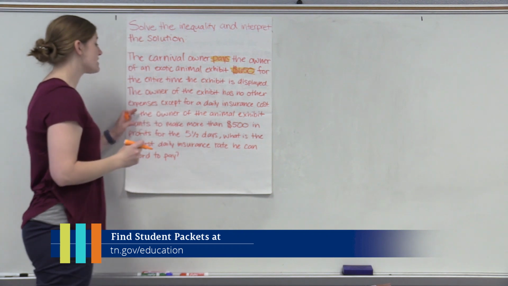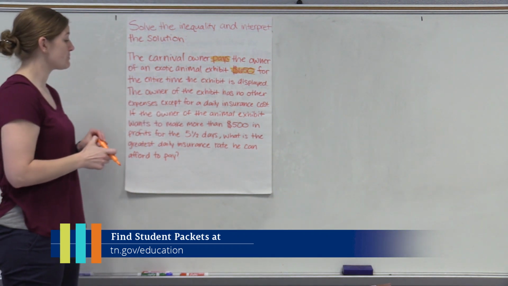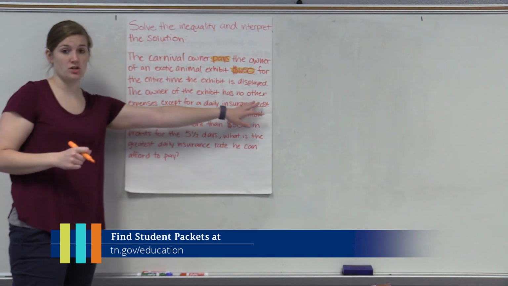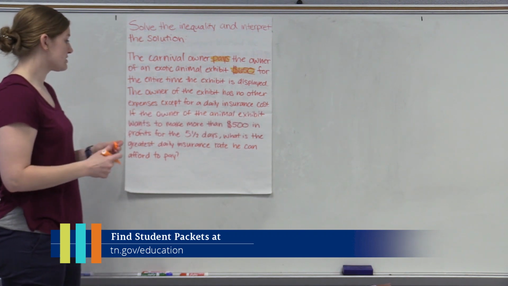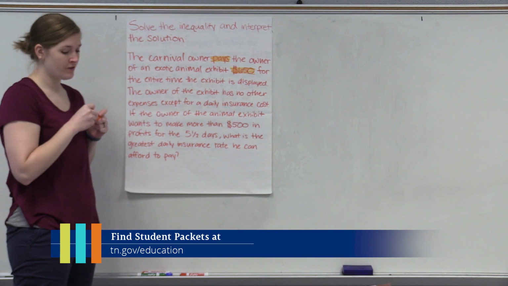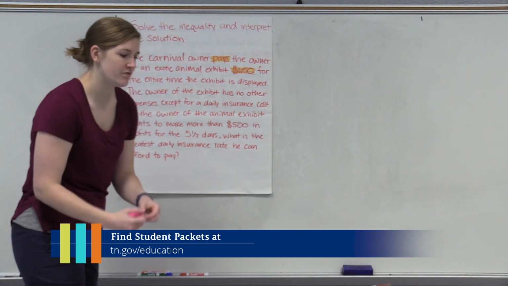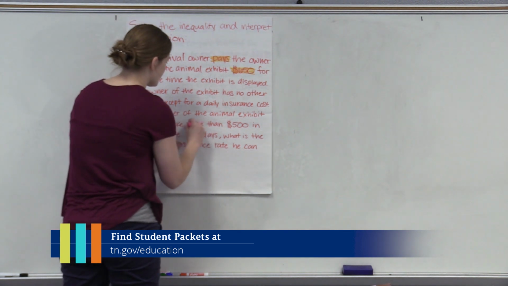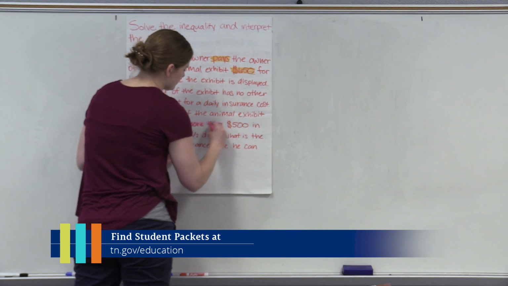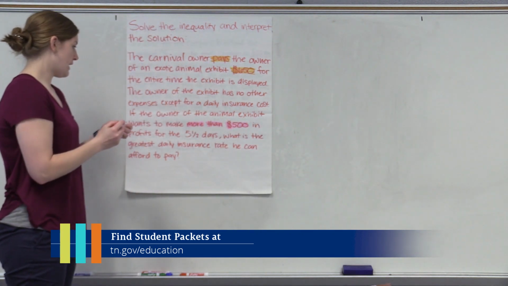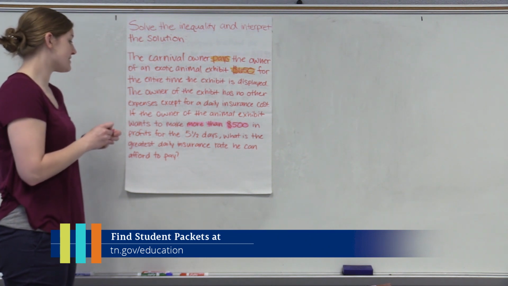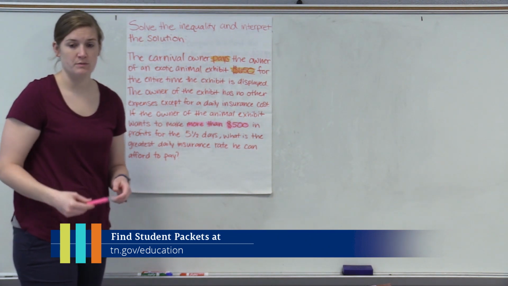Now it also tells me that the owner doesn't have any other expenses except for a daily insurance cost. Okay? The owner of the animal exhibit wants to make more than $500. More than $500 is important here. And we want to know what is the greatest daily insurance rate he can afford to pay.